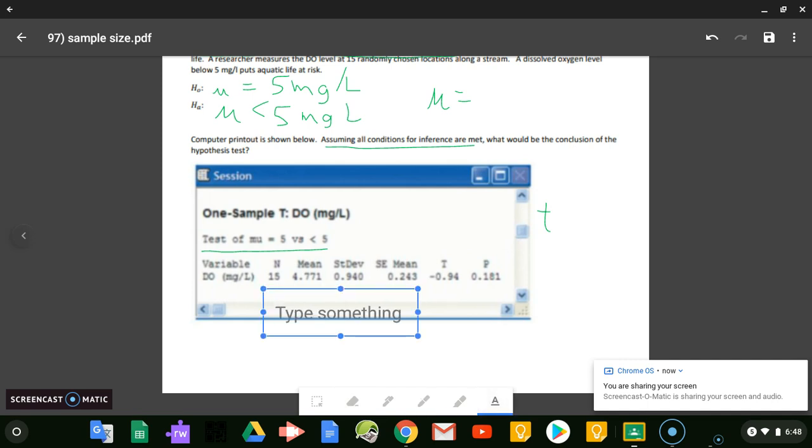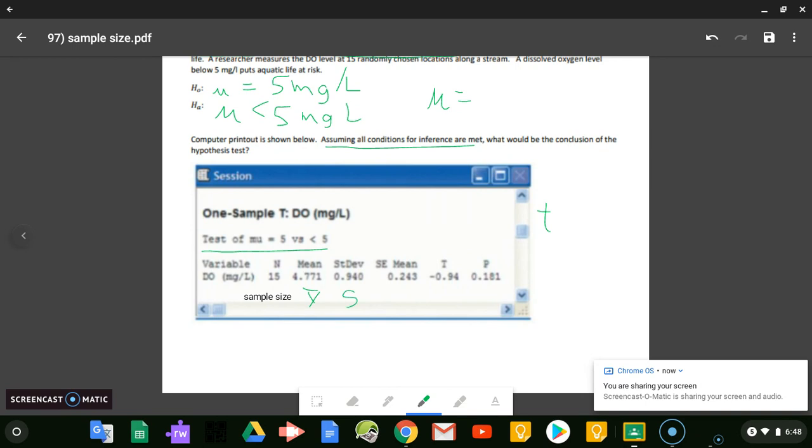So n is our sample size. The mean is x bar, that was our sample.